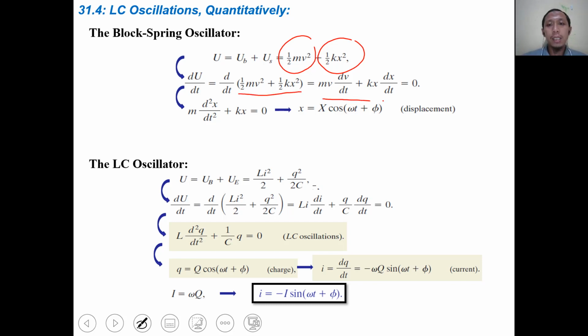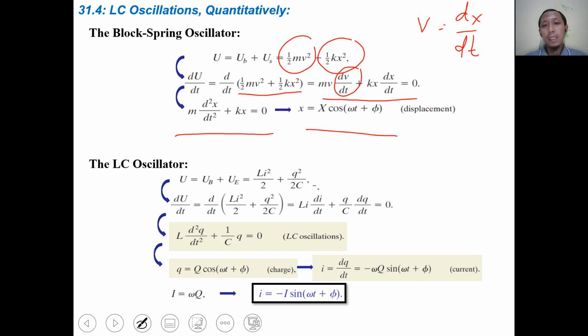So we get m v dv per dt plus k x dx per dt is equal to 0. And then because v is equal to dx per dt, we can rewrite this equation using x, so we get m d squared x per dt squared plus k x is equal to 0. And then x is equal to x_m cosine of omega t plus phi.